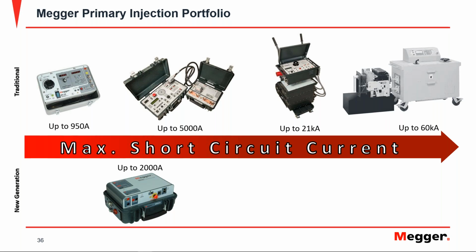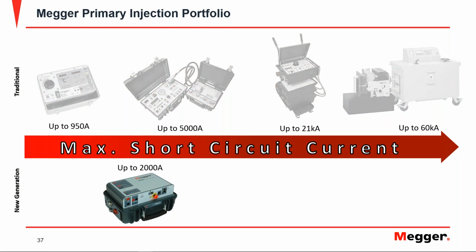I want to give you some details on why I say it's a new generation. The capability of the SPY to inject up to 2000 amps makes it ideal. It wasn't designed specifically for ground fault protection testing, but you can actually run all the other measurements on low voltage circuit breakers rated up to 225 amps, hence the name.